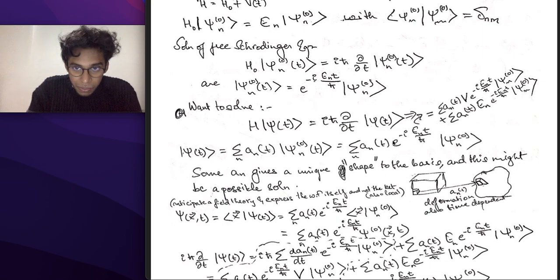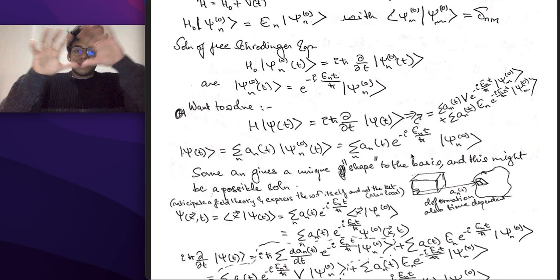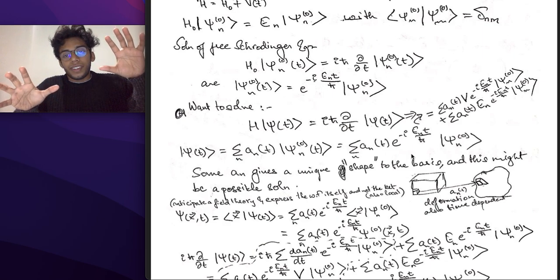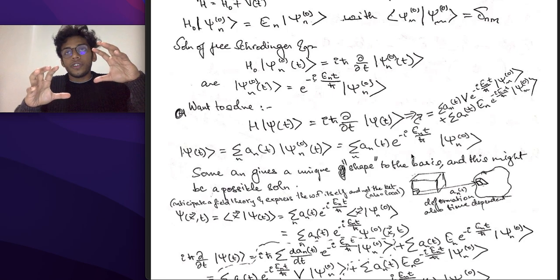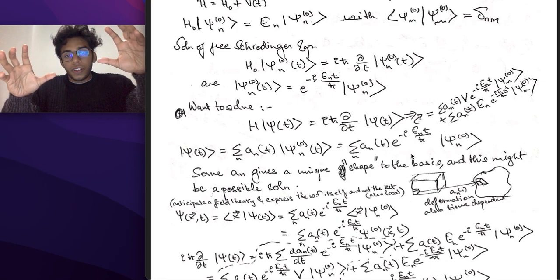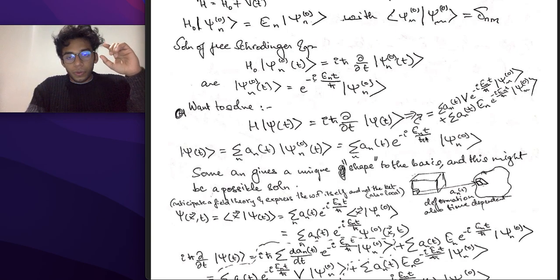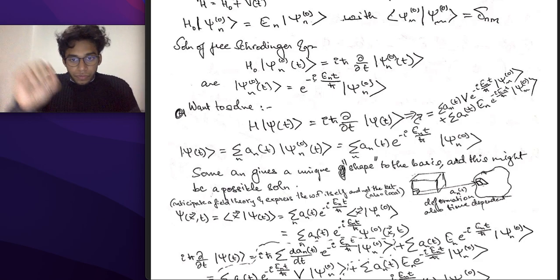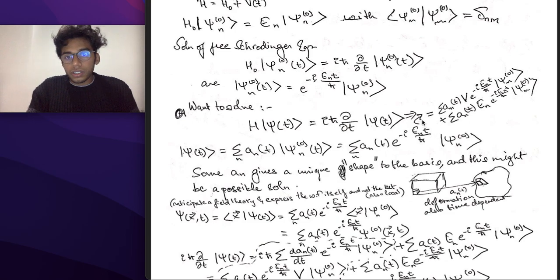Now this exponential gives you your phase space of transformation. We will get to this idea in just a bit when we talk about first order and second order transition amplitudes.